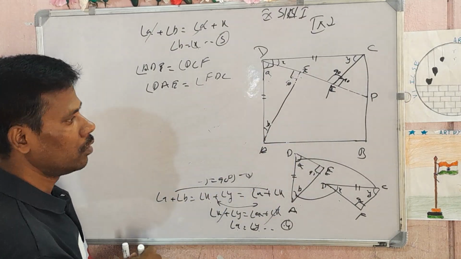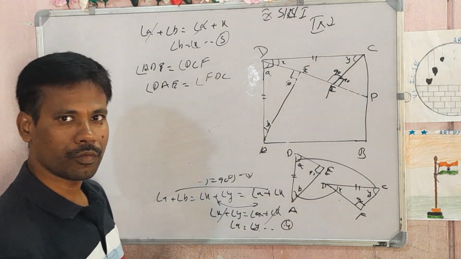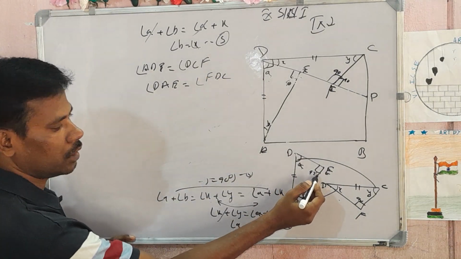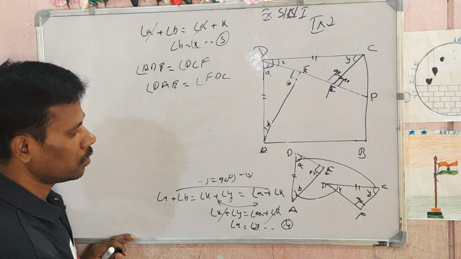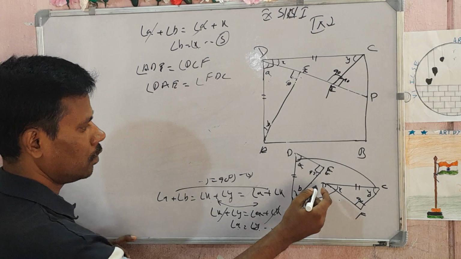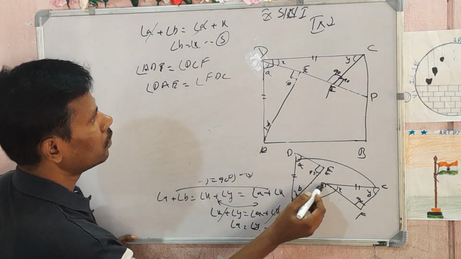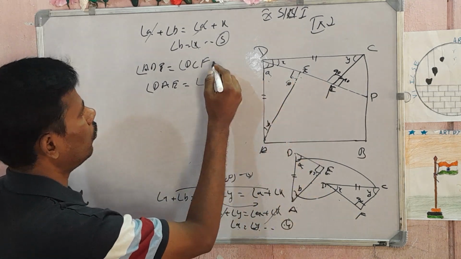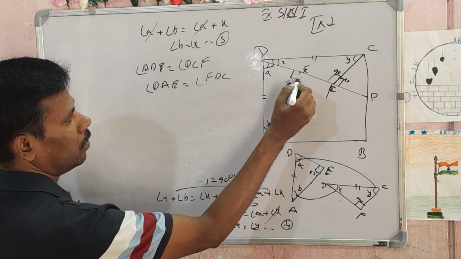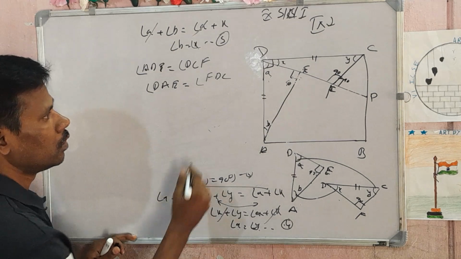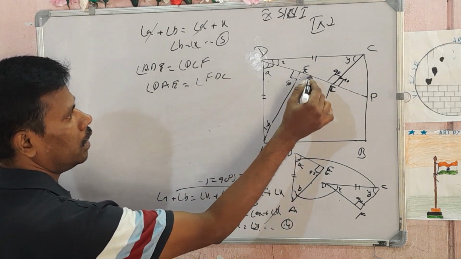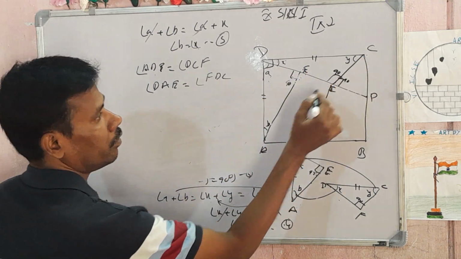So therefore, already we have proved that this angle is 90 degrees. In the triangles, this angle is equal to this angle, and ADE is equal to DCF.